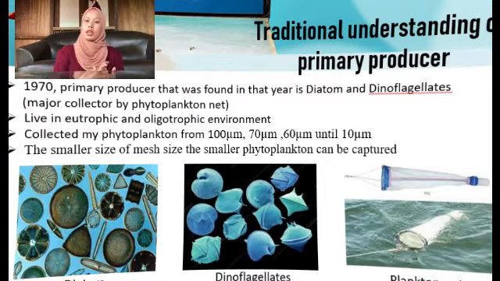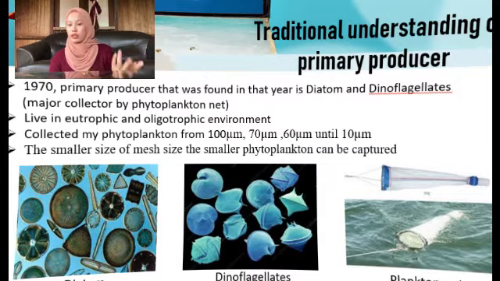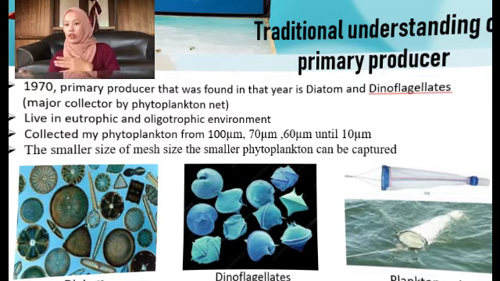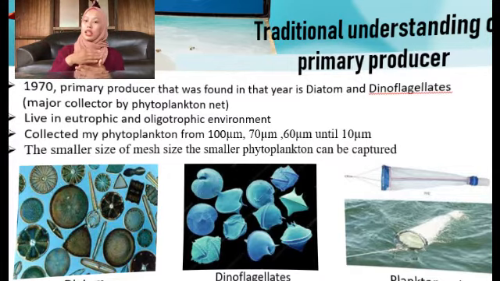Eutrophic regions are high in nutrients, and oligotrophic regions are low in nutrients. Plankton nets in 1970 had three sizes: 100 micrometer, 70 micrometer, and 60 micrometer. Basically, the smaller the mesh size of the plankton net, the smaller the plankton we can get.